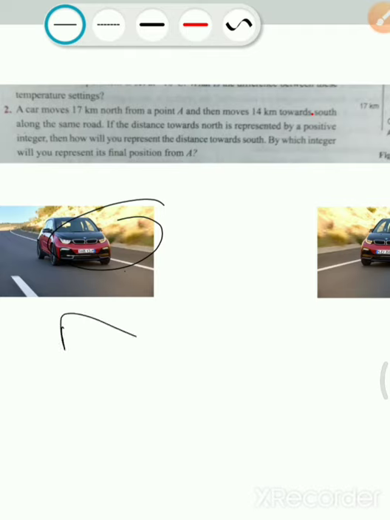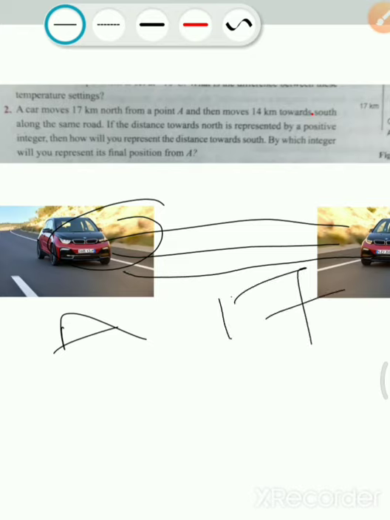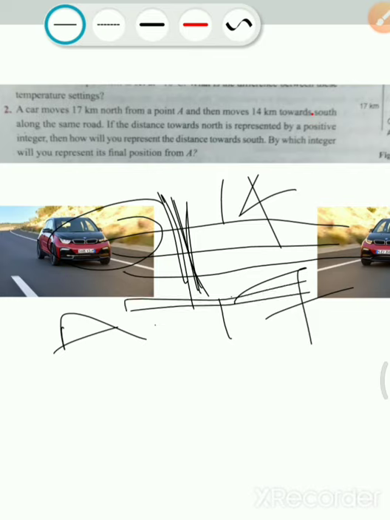This is the point A, it moves on the same path. It went 17 kilometers from A, and then from there it came 14 kilometers towards south, that means it came back part of the way, south along the same road. This is the road.